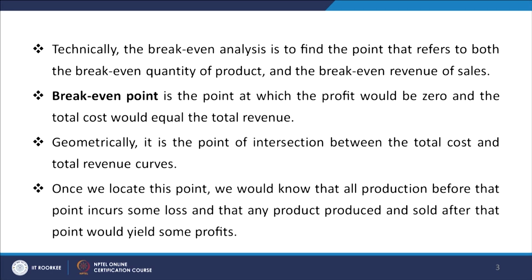The break-even point, by definition, is the point at which the profit would be 0 and the total cost would equal the total revenue. As we discussed, you have a cost component, and as we will discuss, there are two types of cost components that are generally discussed: fixed cost and variable cost.